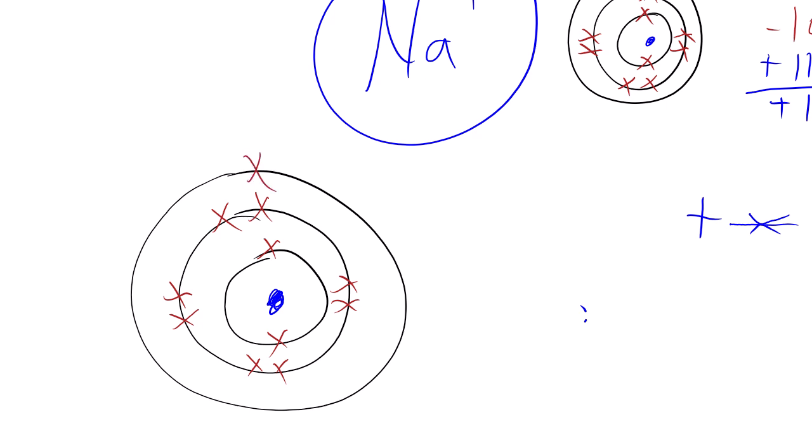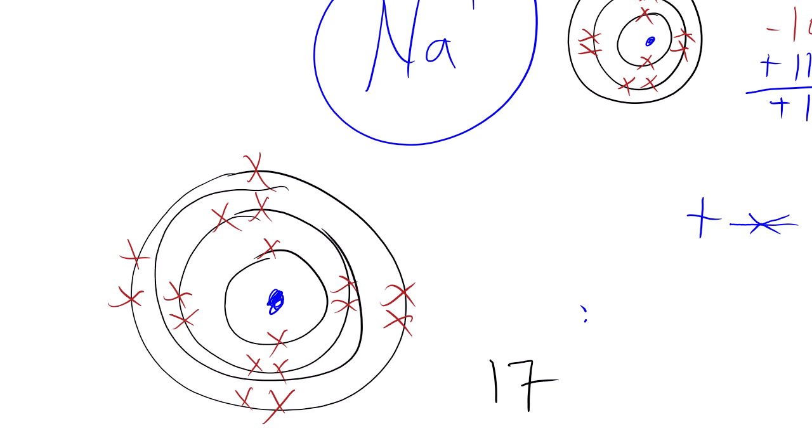Then you have 1, 2, 3, 4, 5, 6, 7. This is for chlorine. When you do the electronic configuration for chlorine, it is 17. So you have 10 inside and you have 7 on the outermost shell.